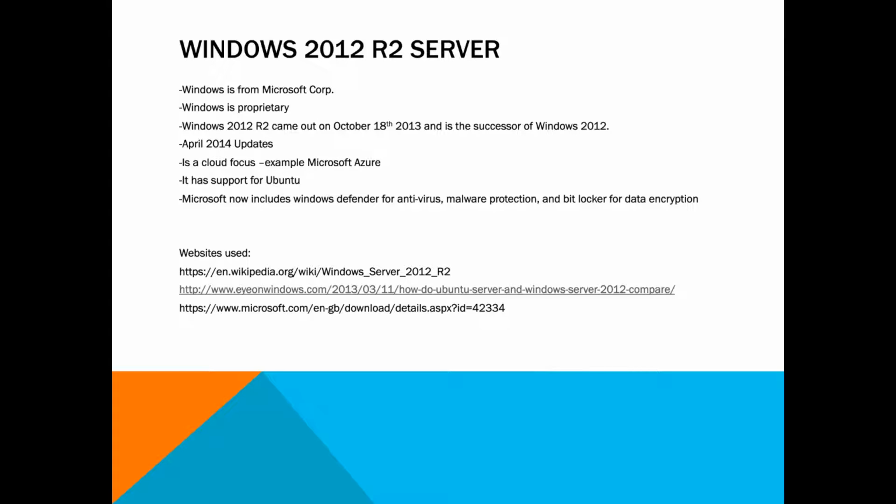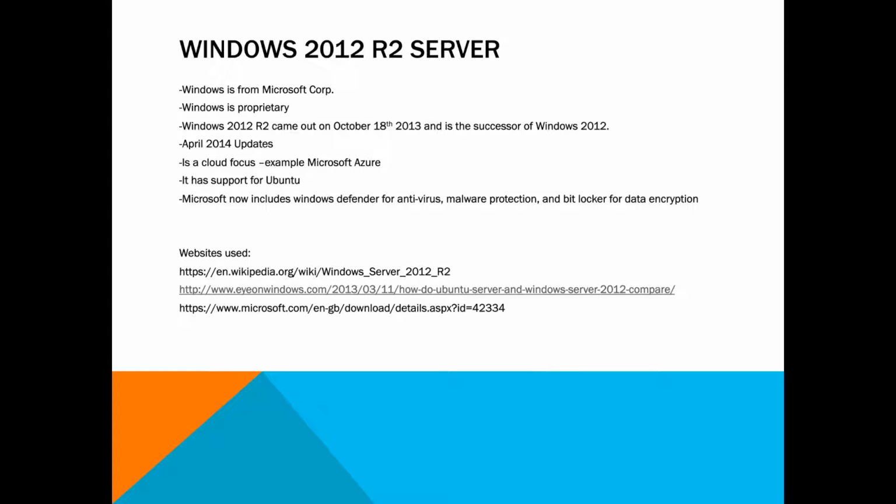Also, Windows 2012 R2 came out on October 18th, 2013, and is the successor of Windows 2012. And then in April 2014, they came out with some security updates for Windows 2012 R2, which is pretty recent.